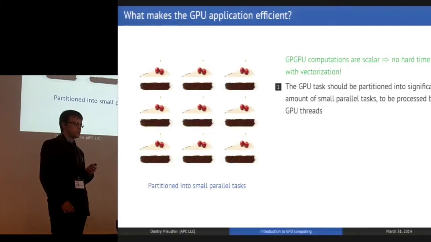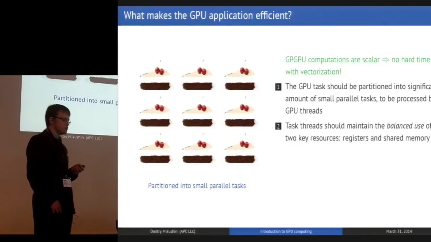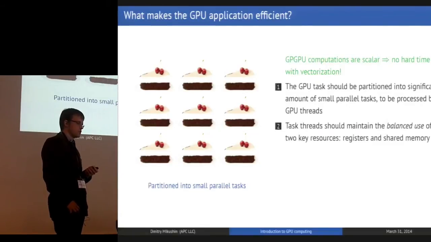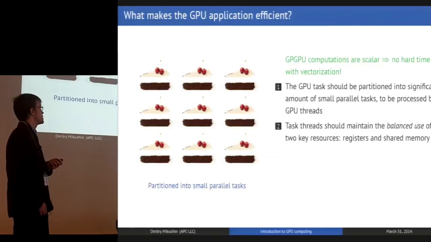The GPU task should be partitioned into a significant amount of small parallel tasks, and this number must be much larger than what we have on multi-core CPUs, on the order of thousands. Task threads should maintain the balanced use of the 2 key resources available on GPUs, which are registers and shared memory.